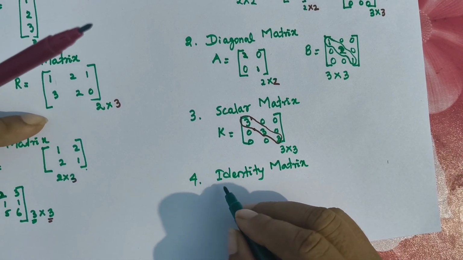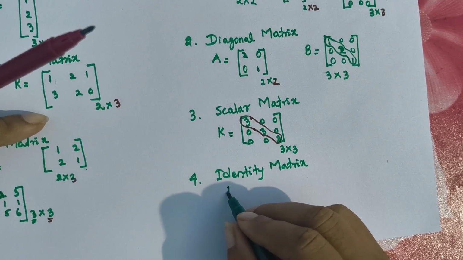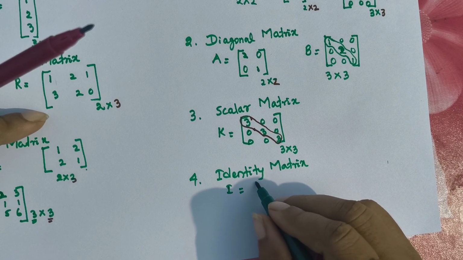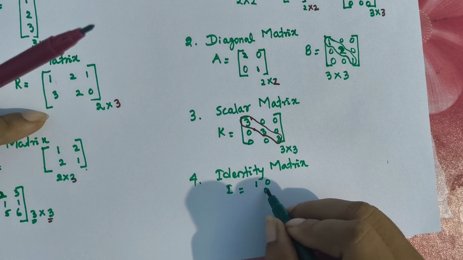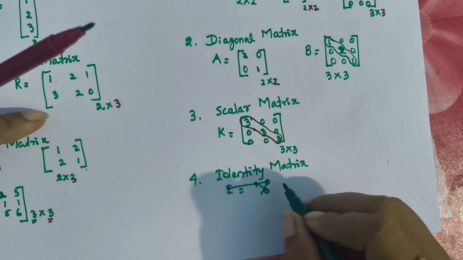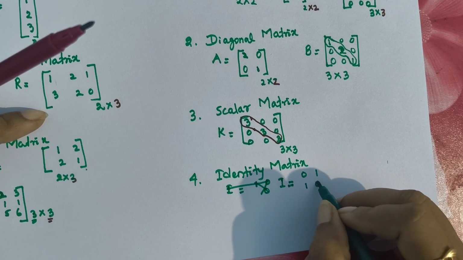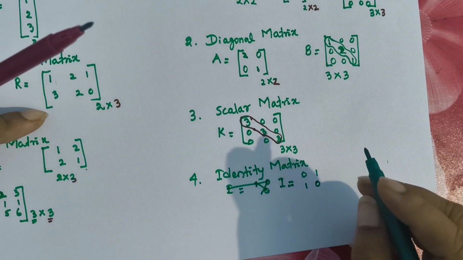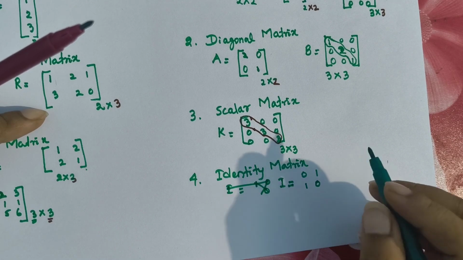If you were asked to give an identity matrix of order 2 by 2, let's suppose our matrix is I, 2 by 2. Sorry, I think I made a mistake.